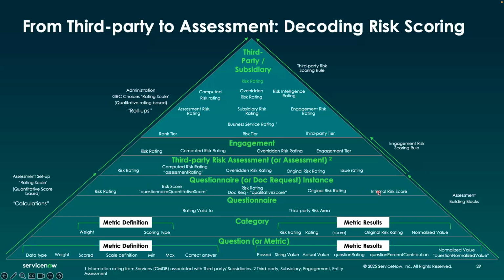Internal risk score. The internal risk score on a questionnaire instance is populated only when the assessment is an internal IRQ assessment. Internal IRQs are triggered during the due diligence process. The calculation is a weighted average of the sum of all categories' normalized values.